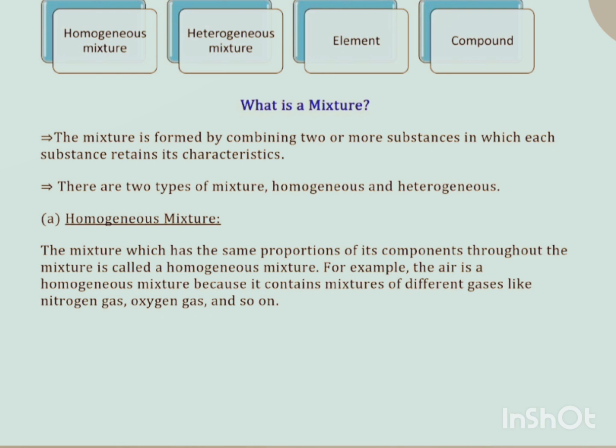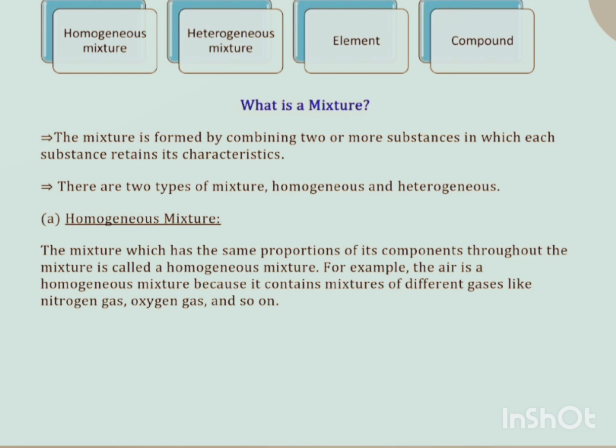Homogeneous mixture: the mixture which has the same proportions of its components throughout the mixture is called a homogeneous mixture. Whatever mixture we make, of gases or solids, it will have equal proportions of what we are adding.